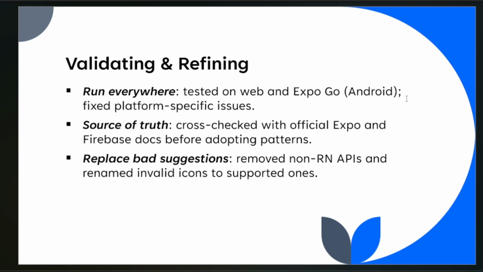I also did set up an env file, an environment file, just to hide my API keys, and I noticed they replaced bad suggestions, or I guess bad code on my end, and so forth.